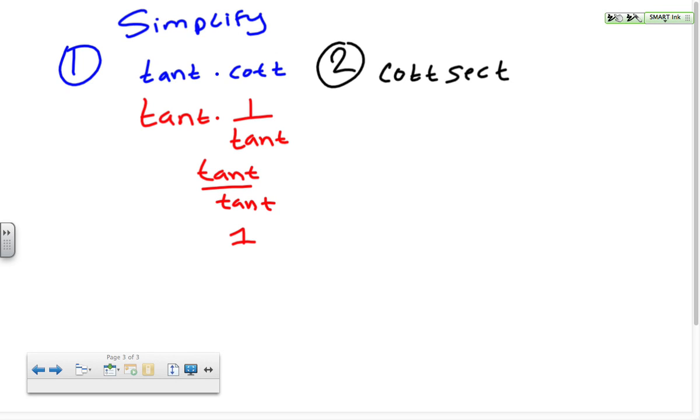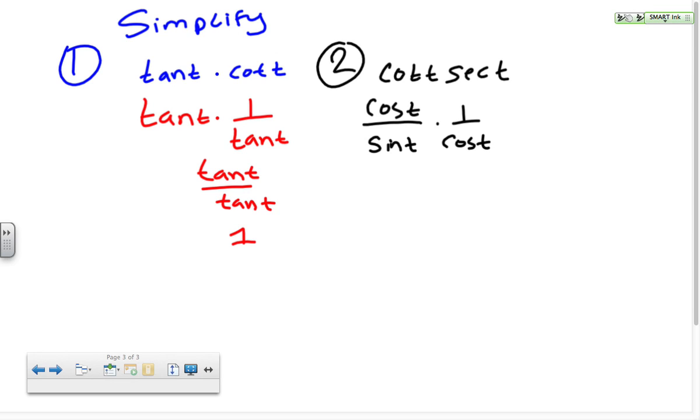Okay, cotangent of t, if you remember back to the reciprocal rules, or the quotient identities, is the same thing as cosine of t over sine of t. And if you remember also that the secant of t is 1 over the cosine of t. Okay, so now we've changed them up a little bit.